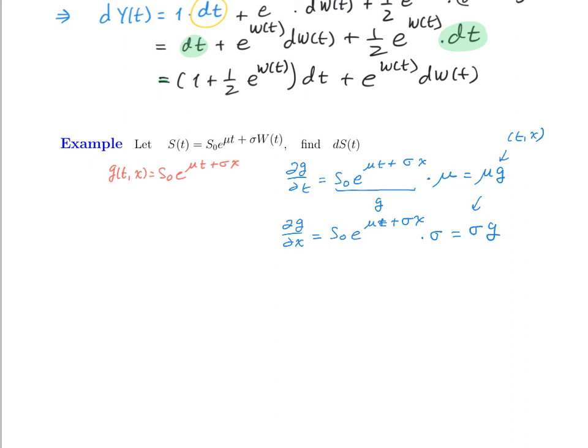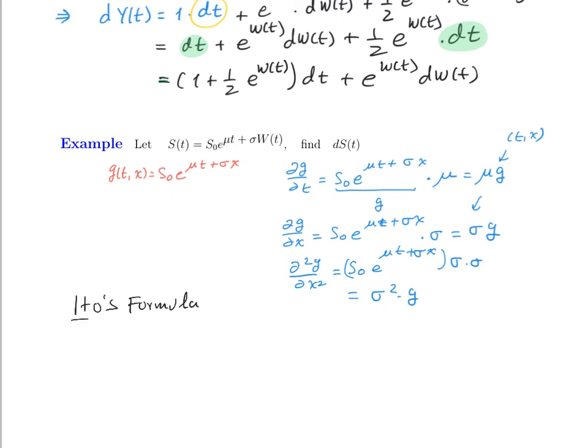We also need the second derivative of g with respect to x. Remember, the second derivative is the derivative of this again, so this will give us S0 e to the (mu t plus sigma x). We already have sigma here, so you're going to multiply by another sigma. So this is going to be sigma squared times g.